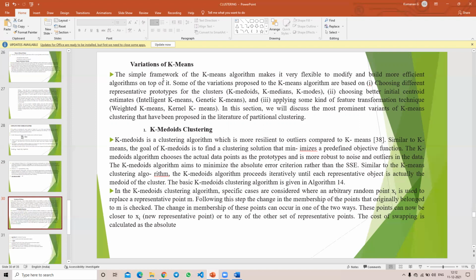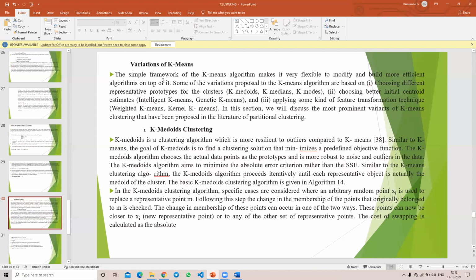K-medoids clustering. What is k-medoids? The k-medoids clustering algorithm is more resilient to outliers compared to k-means. Similar to k-means, the goal of k-medoids is to find a clustering solution that minimizes a predefined objective function.